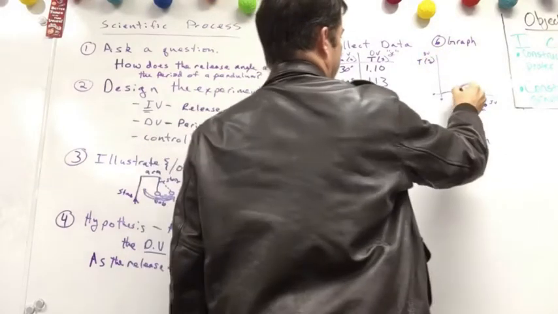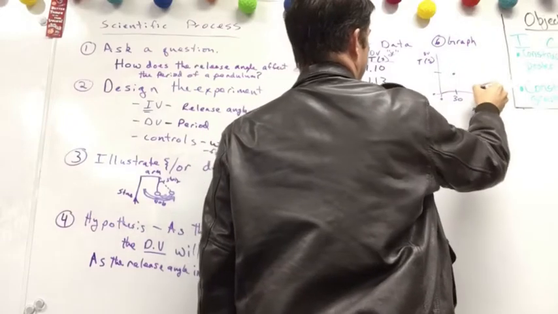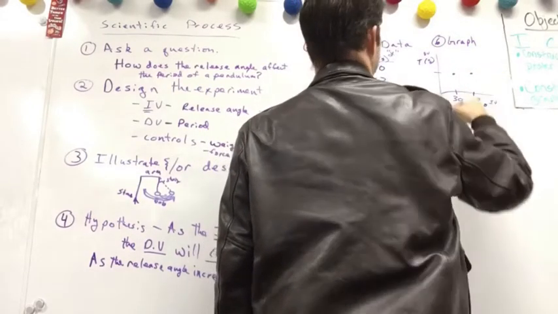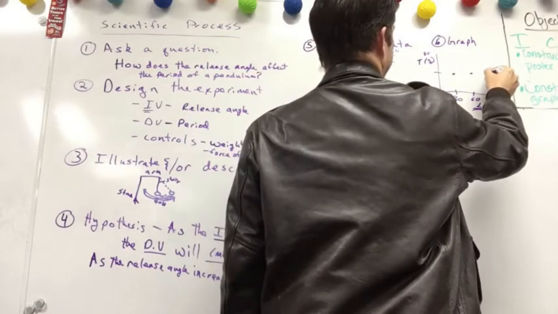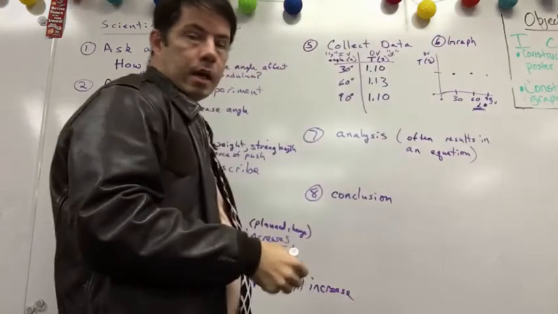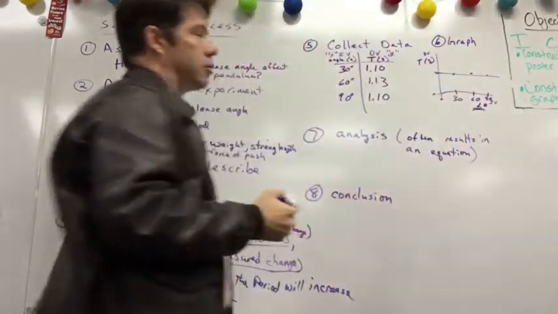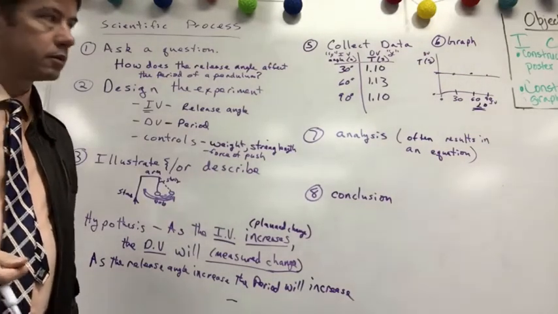And then I'm going to go 30 degrees, and it was at 1.10, 60 degrees, it was pretty much close to the same, a little bit higher, and then 90 degrees, and it was about the same. And then we would do a best fit line, which means not all the dots touch. The period is constant.